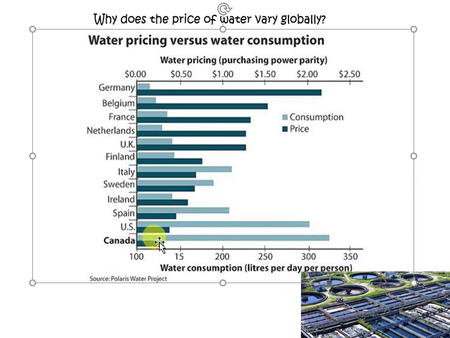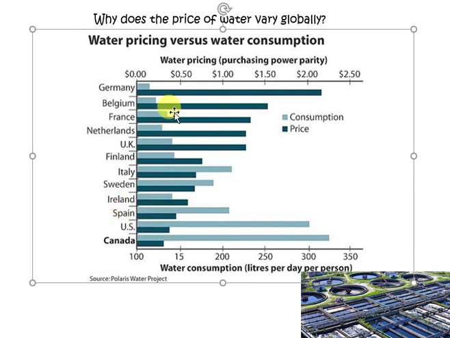There's lots of it, so therefore the price is cheap. The US, again, they use a lot. Some might argue that they're actually unsustainable with that use. And they've probably already funded the infrastructure quite a while ago, so the price is quite cheap.